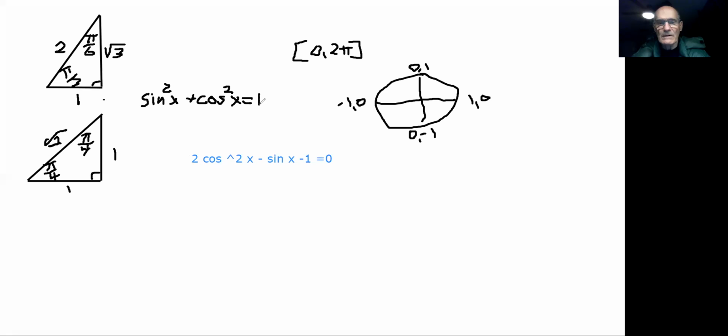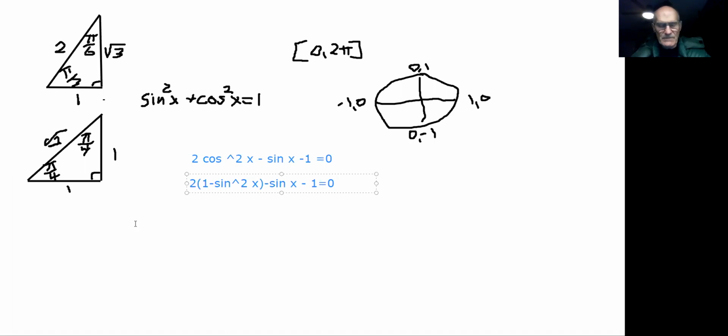So I can change the cosine squared to 1 minus sine squared, and I have my minus sine x minus 1 equals 0.